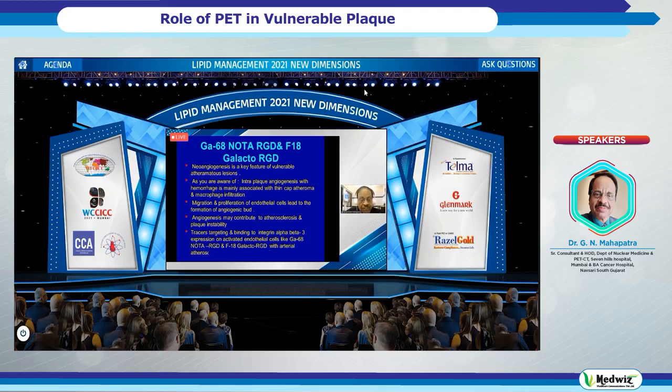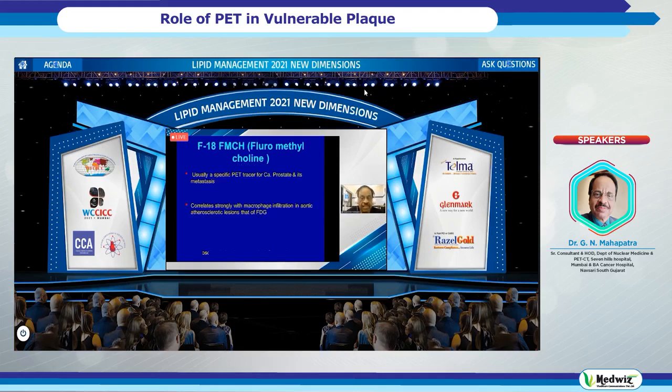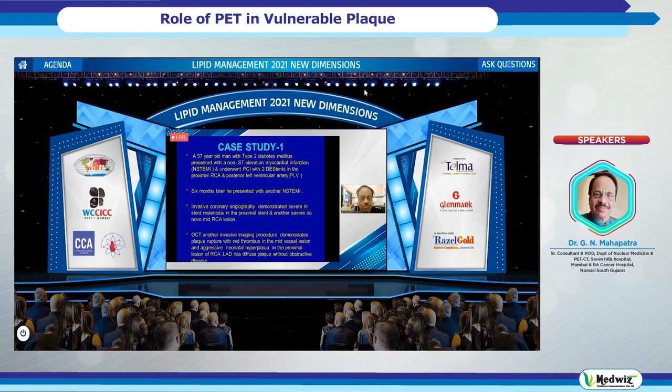The tracers gallium-68 NOTA RGD and F18 galacto RGD can be labeled. And this is called fluoromethylcholine. This agent is used for carcinoma of the prostate and metastasis. But it correlates strongly with macrophage infiltration, at least in aortic atherosclerotic lesions, more than F18 FDG, which is an all-purpose imaging agent. So I'll just show you one or two studies.